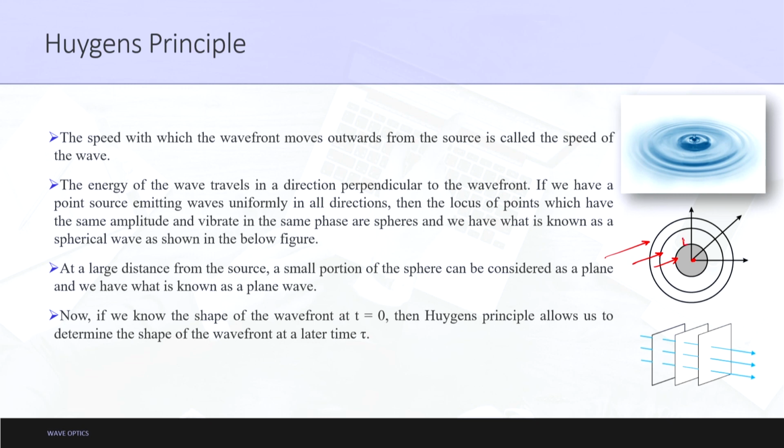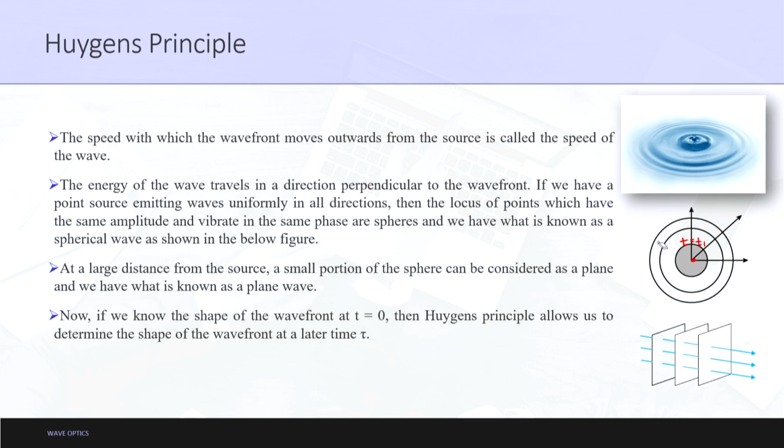So, if this is at t equal to t1, this is at t equal to t2, and this is at t equal to t3. Here t1 is less than t2, which is less than t3, that is, t3 is at the maximum time, which is far away from the source as compared to the first wavefront.